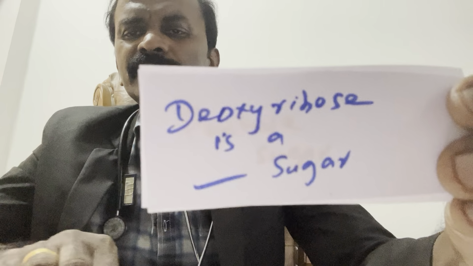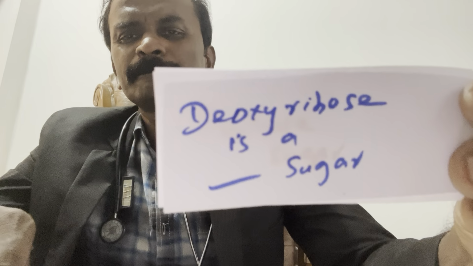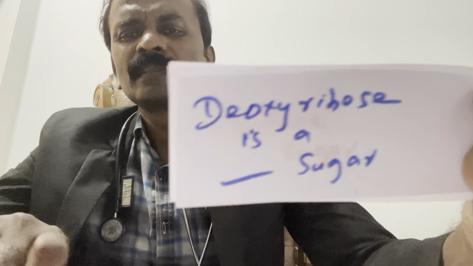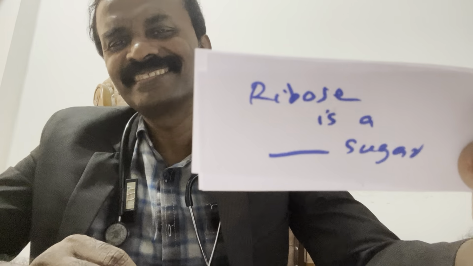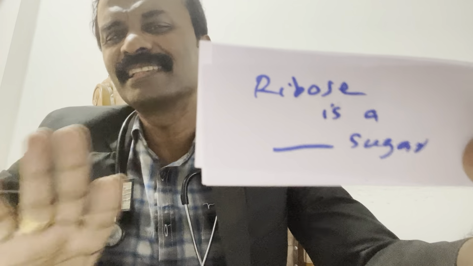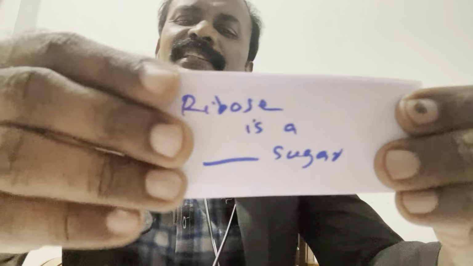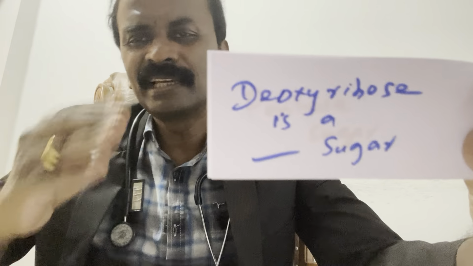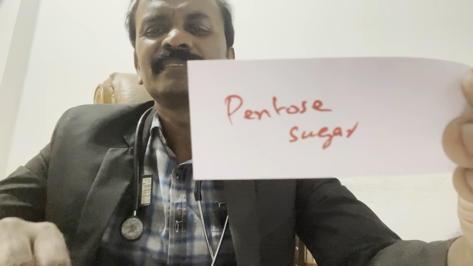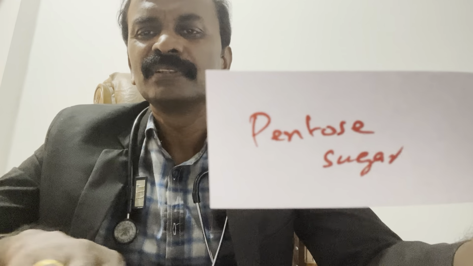Deoxyribose is also a pentose sugar like ribose sugar. Don't get confused. Both are the same. So for pentose sugar example, you can write ribose. I think I am teaching you to the core.